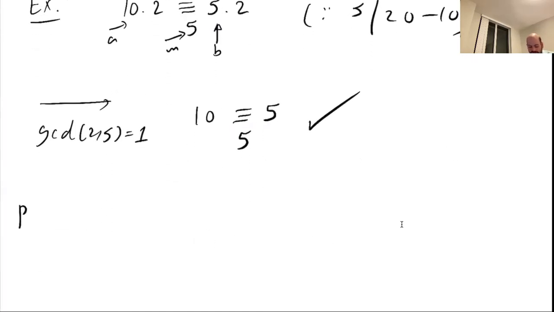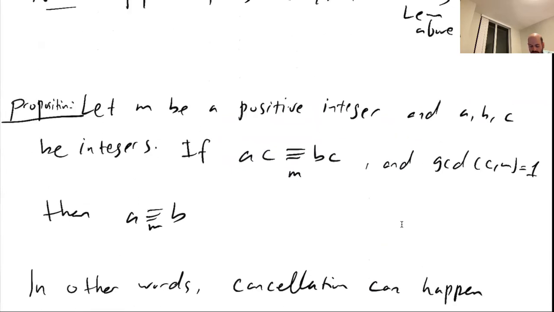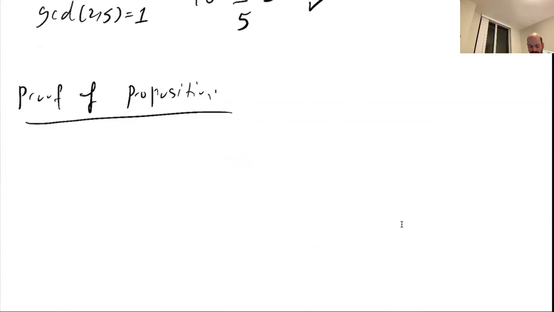So, proof of the proposition. Okay, what is my assumption? My assumption is that AC is congruent to BC mod M. So the assumption says AC is congruent to BC mod M. What does that mean?